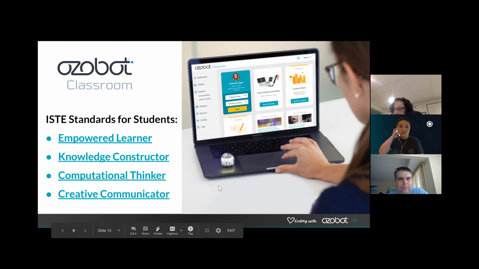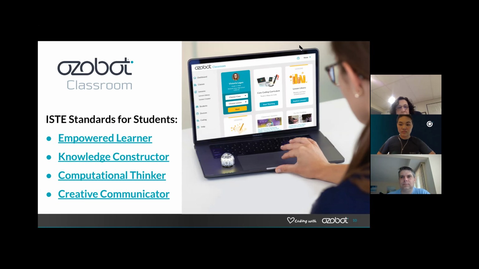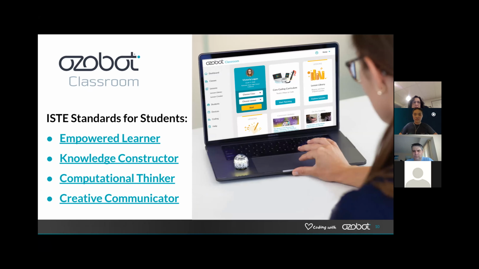And we used the empowered learner to make sure that the culture of our classroom, that our students felt empowered to use their voice, make choices, and to select the technology. In this particular situation, it was like color coding versus program coding.